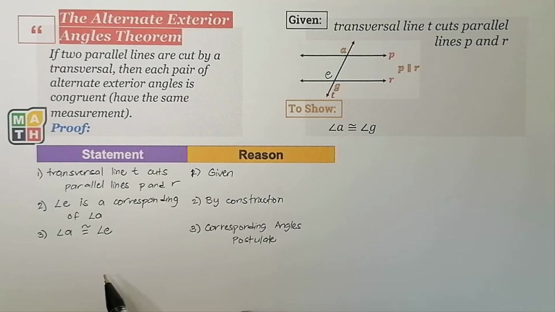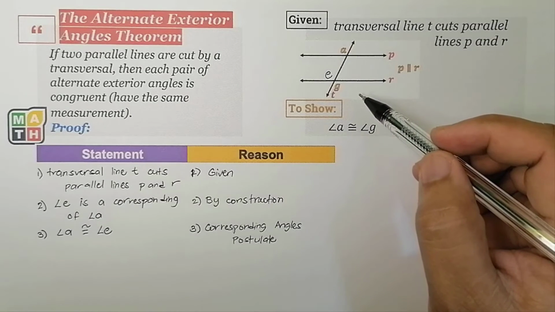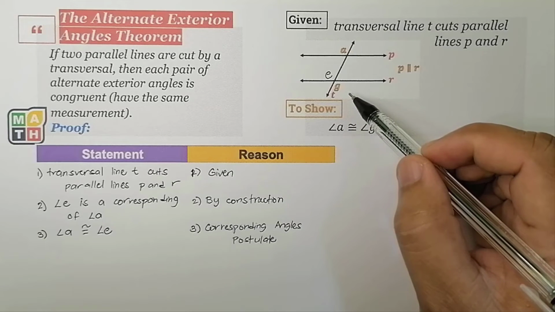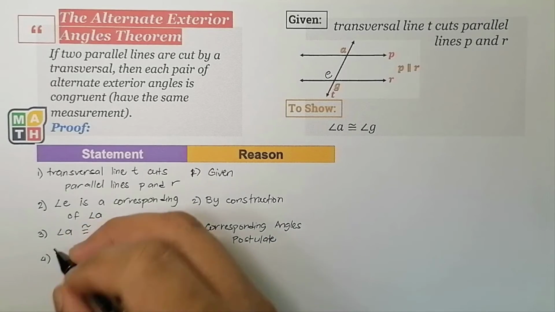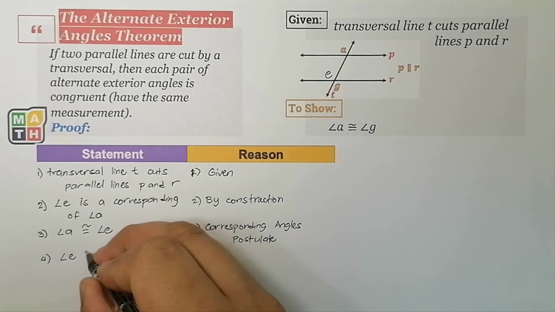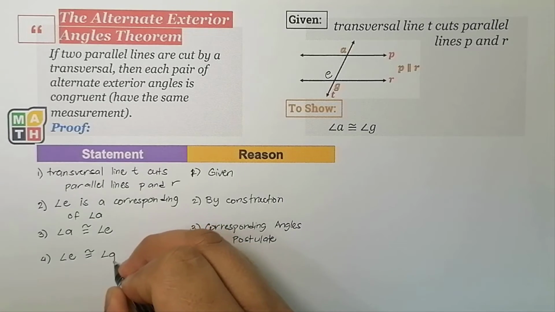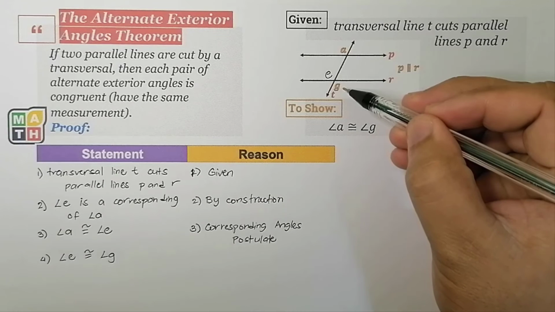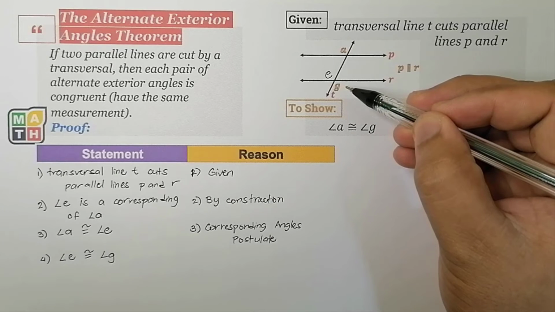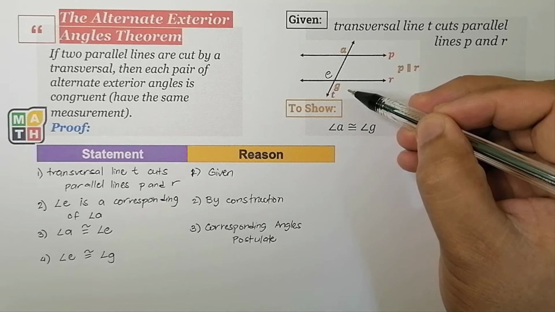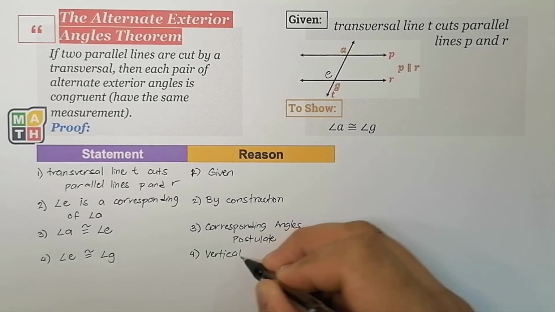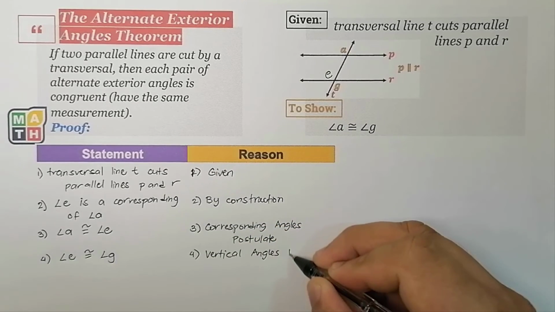Aside from this, we could also look at the relationship of the added angle E and the already given angle G. We could say that angle E is also congruent to angle G. These two angles are actually considered to be vertical angles, and we have a theorem which tells us that vertical angles are congruent, and that is actually the fourth reason here, the vertical angles theorem.